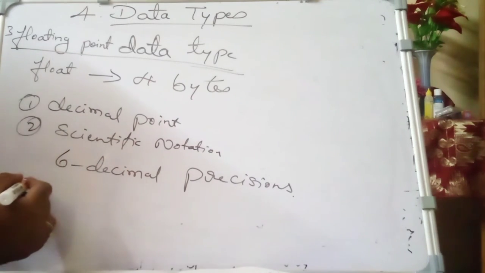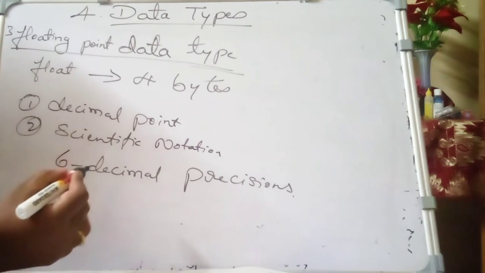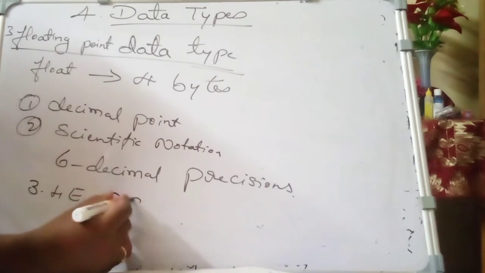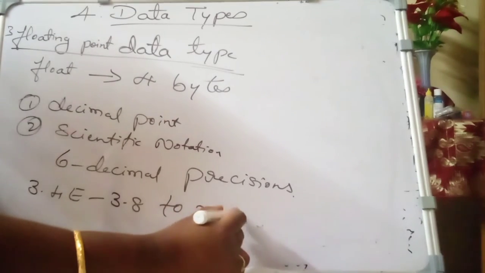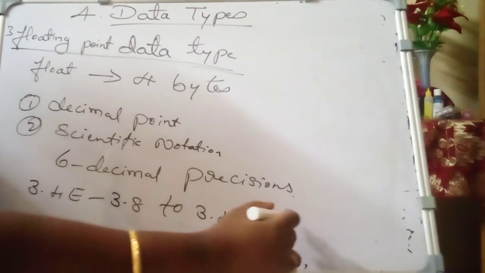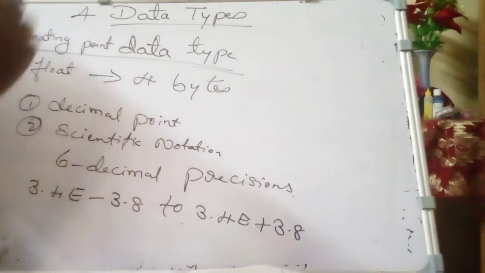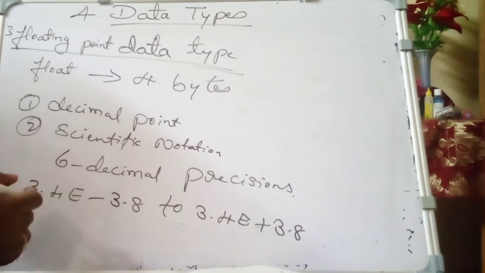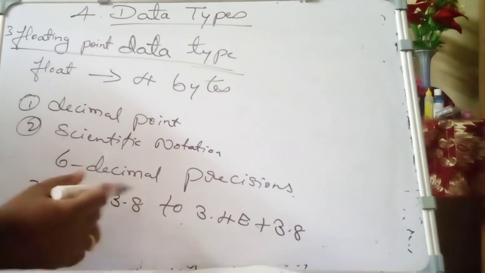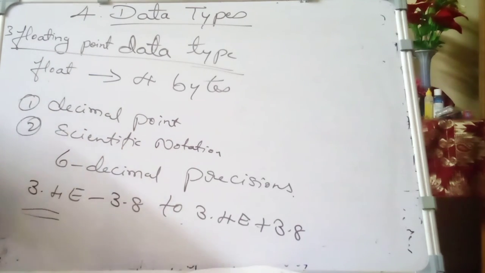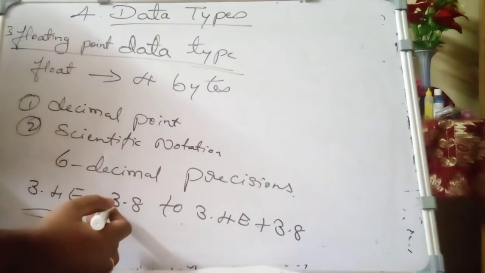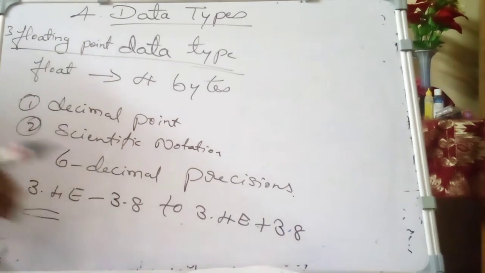Its range is from 3.4e minus 3.8 to 3.4e plus 3.8, where e means exponent. Like this we write the range for the floating point. Any number which falls under this mantissa and exponent is considered a floating number.